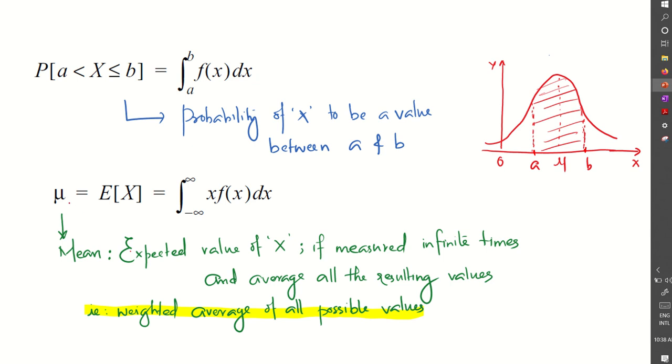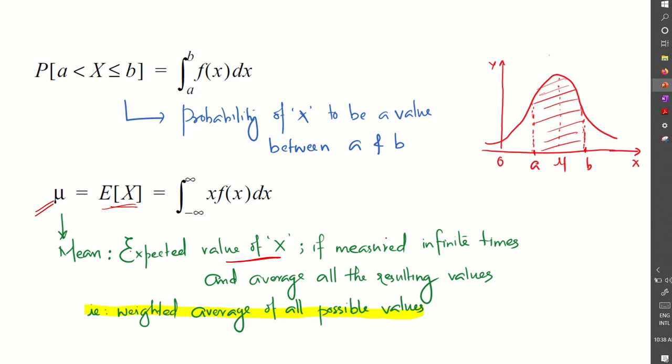Okay. Then another important statistical term is mu. Mu is equal to E of x. This is the weighted average of all possible values. The expected value of x is mu; the mean is the expected value of x.